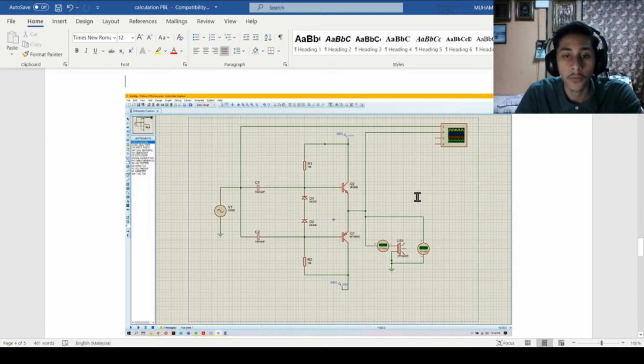It consists of two transistors, NPN and PNP, and there are two diodes to control the biasing of the current of the circuit. The importance of the 10 kilo ohm resistor is to control the voltage across these two transistors. And lastly, we have the 10 microfarad capacitor to control the V sine input.